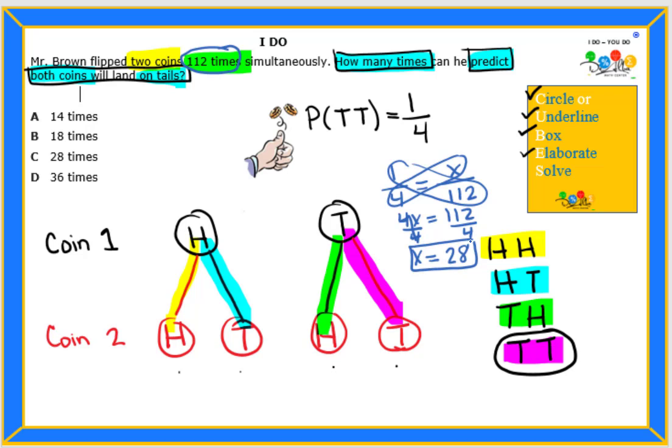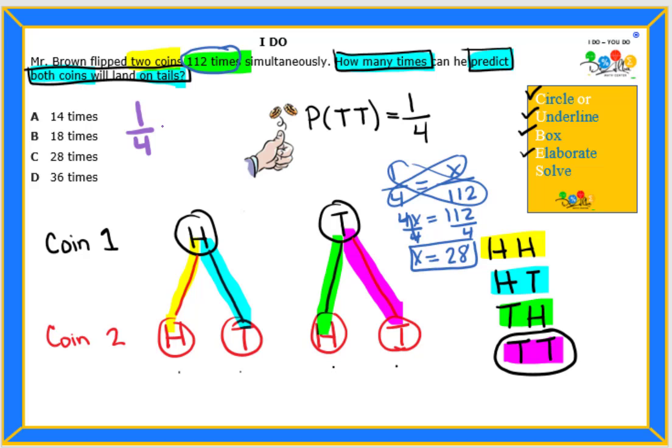Now let's go ahead and do it another way. We know that the probability of landing on tails, tails is 1 out of 4. That is if we did this one time. Right? So we throw both coins, we can get tails, tails. 1 out of 4 is our probability.